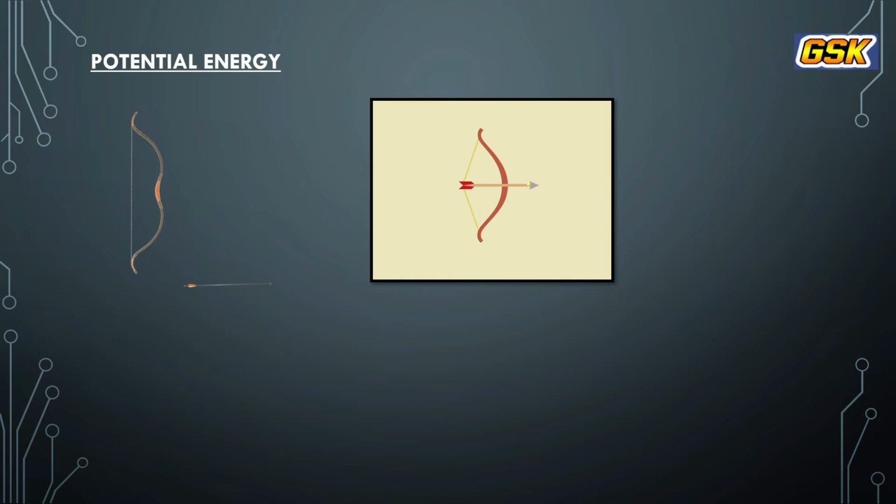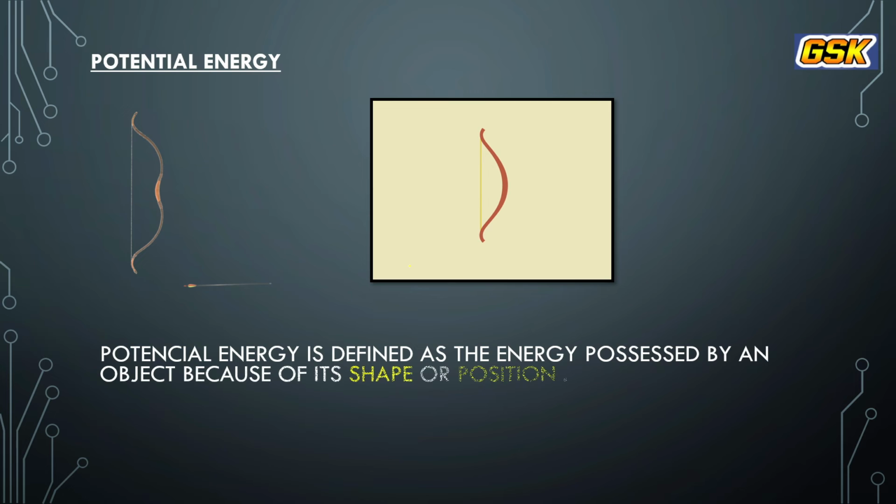Potential energy is defined as the energy possessed by an object because of its shape or position. So if the shape changes, it gets some potential energy, or if the position changes, it gets some energy. This is an example of change of shape.